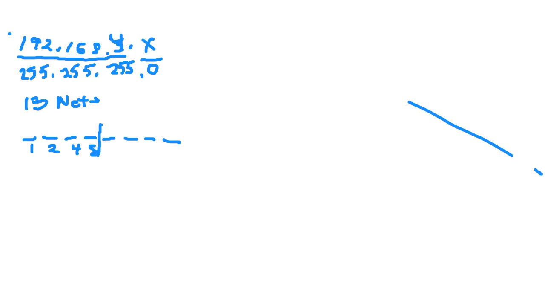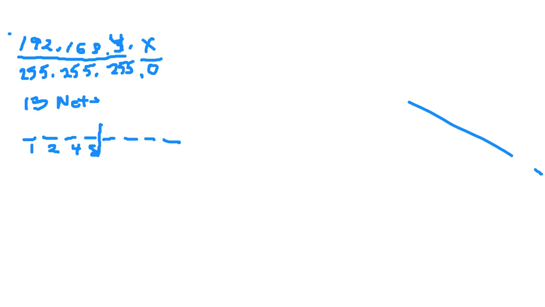Okay. Does everybody follow how I've decided to borrow 4 bits? Now, next thing let's come up with is our subnet mask for this. Yes, this is the only time you're going to go in this reverse order. This is just a special situation.